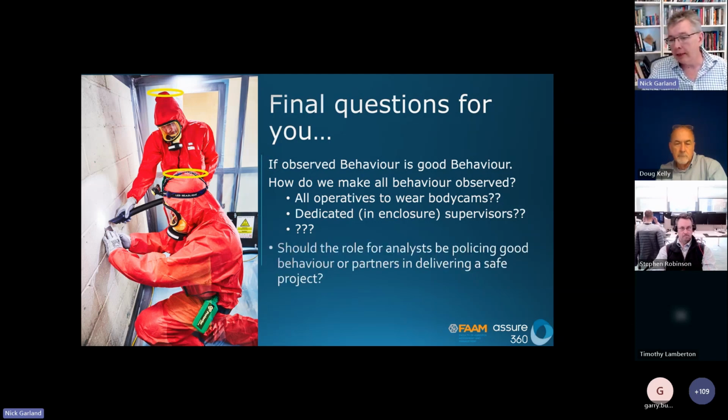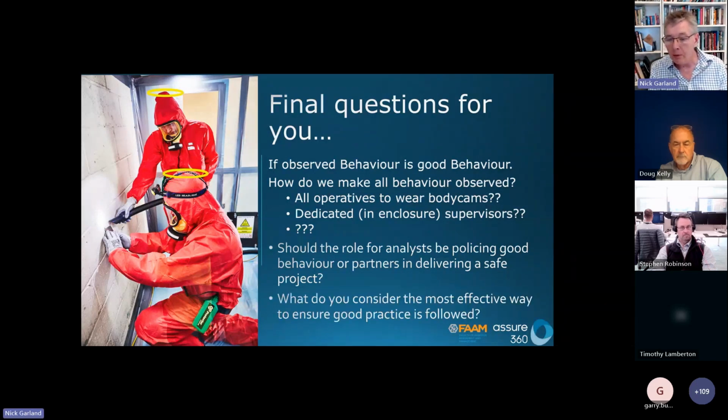Should the role of analysts be policing good behaviour, or should we be partners in delivering a safe project? And that different way of thinking about a particular project and our role in the exercise, and how that might affect working together. And then what do you consider the most effective way to ensure good practice is followed?